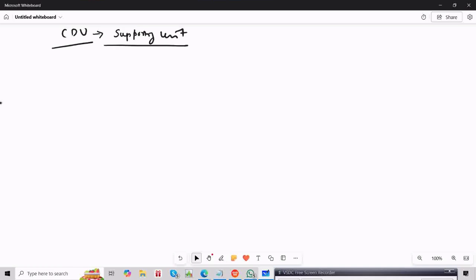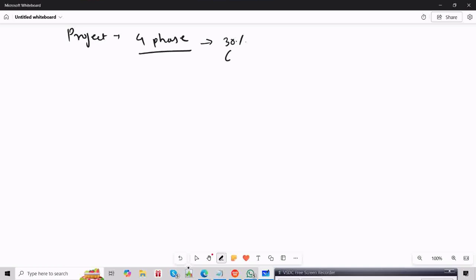Okay, now let's come to the departments: how these things work, how our company works and how the project works. Your project has four phases. The first is called 30%, the second 60%, the third 90%, and the fourth is the remaining 10%.